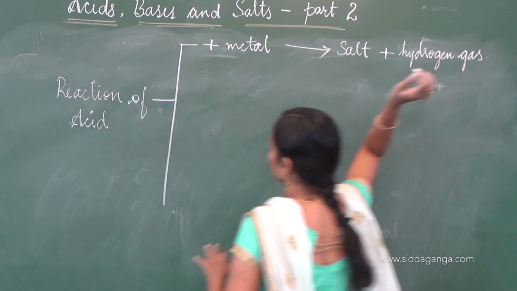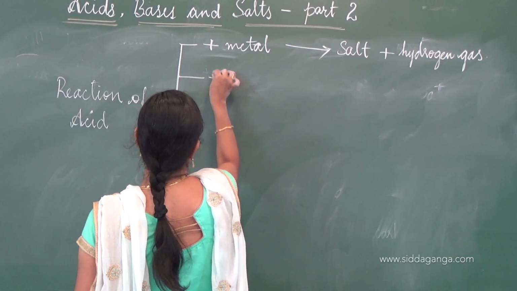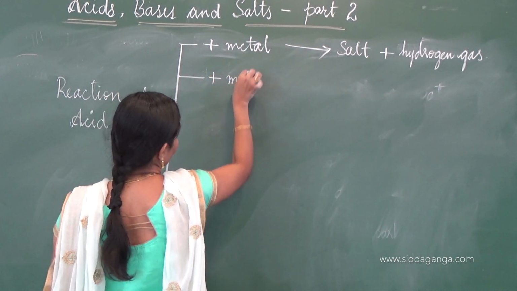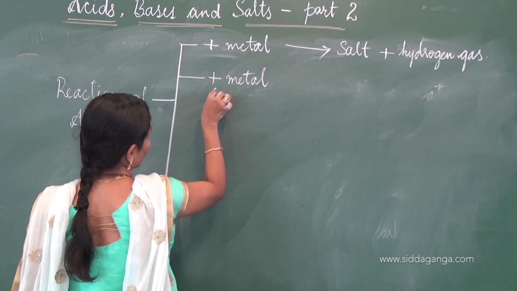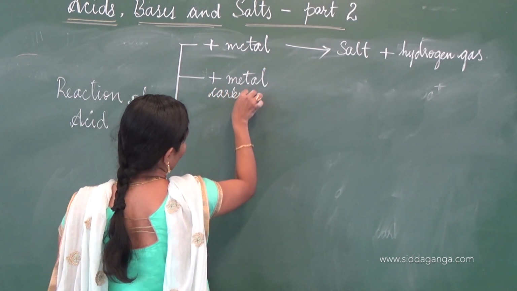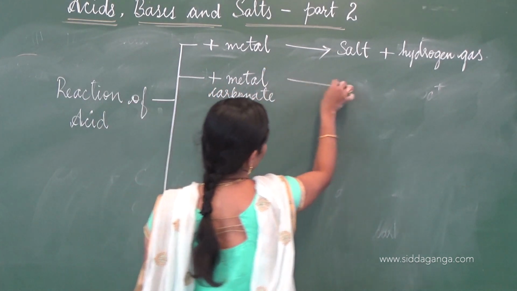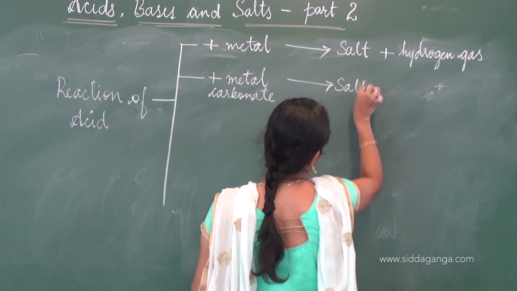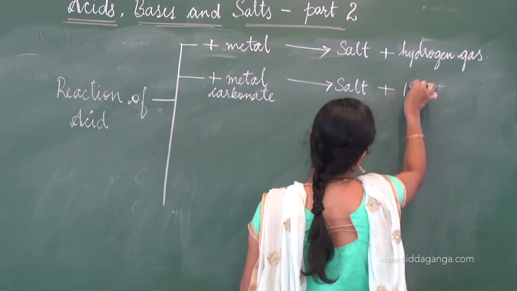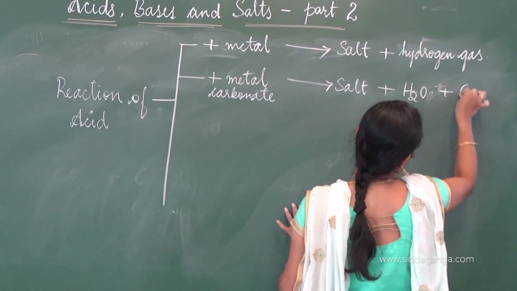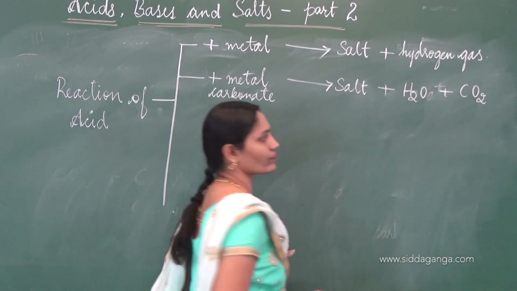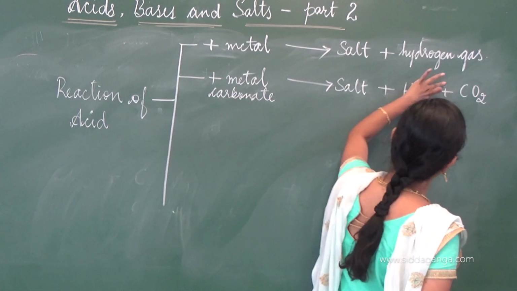Further, we understood how they react with the metal carbonates. With metal carbonates, they yield salt, water and carbon dioxide gas. Is this clear to you?